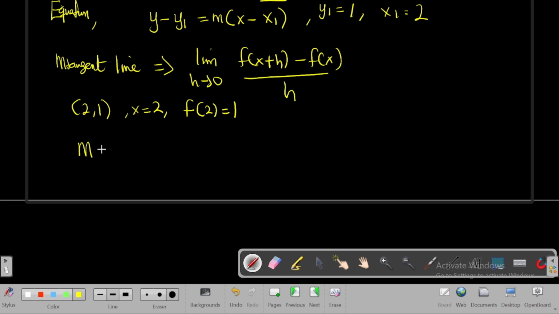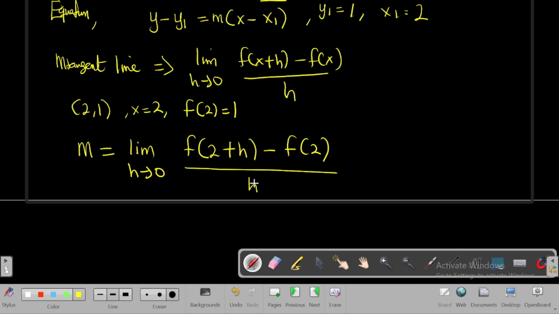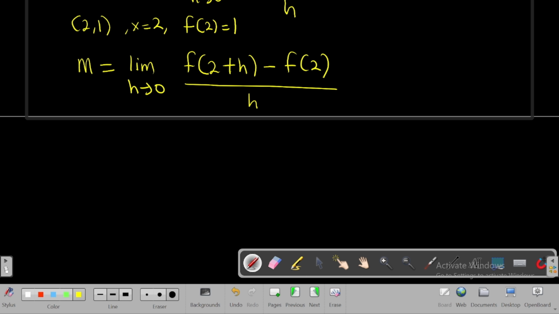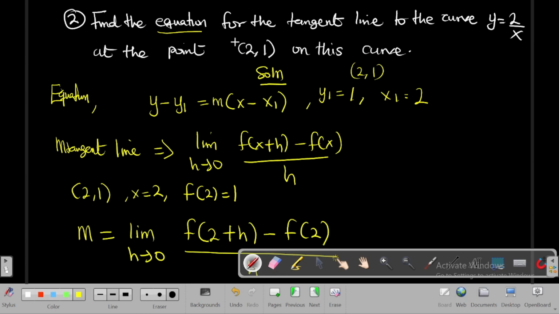All right. Now from here, we can see that our slope is the limit as h approaches 0 of the function f of, wherever you see x, you put 2, so it becomes 2 plus h, minus f of 2 all over h. So now we are supposed to find f of 2 plus h. From our question, the curve is y is equal to 2 over x, right?